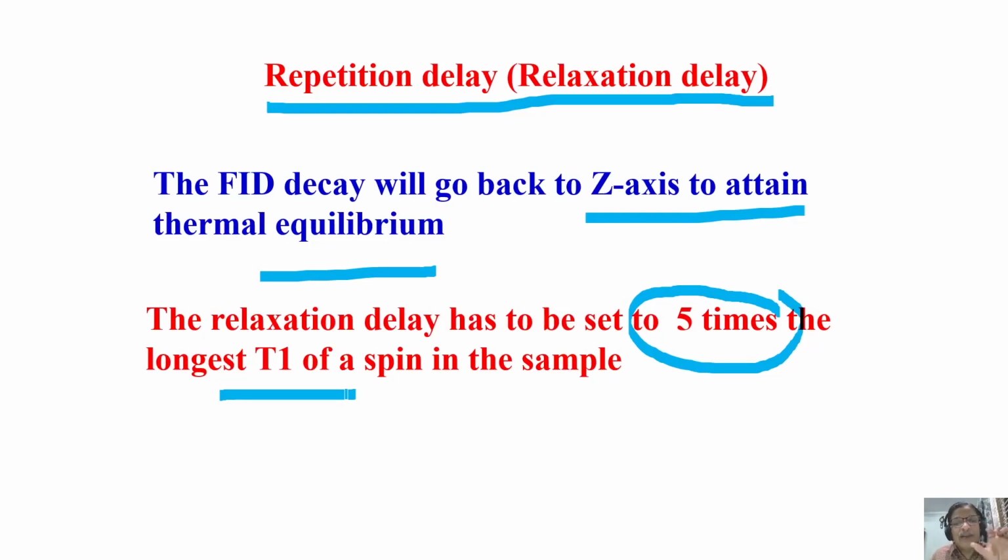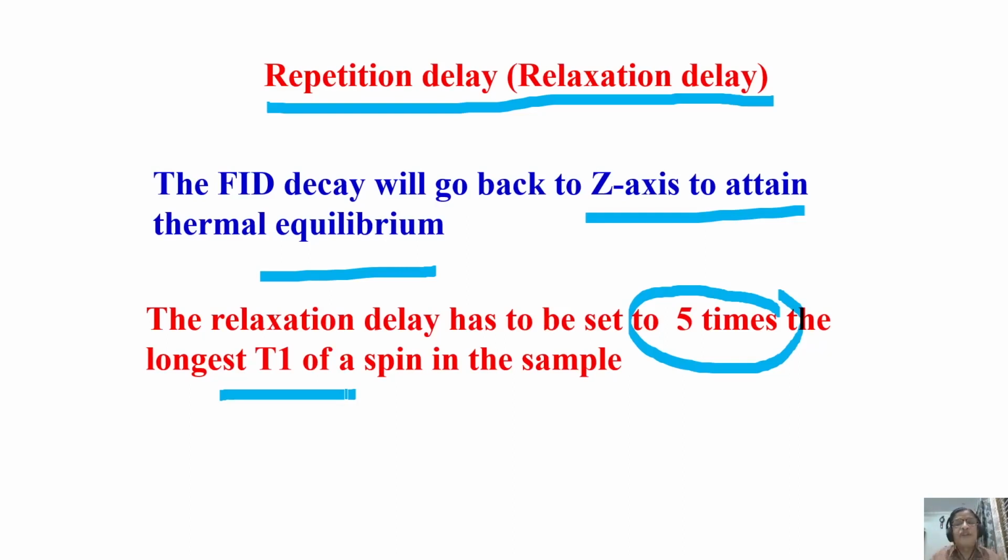When the time delay t is equal to 5 times T1, look at 1 minus e to the power of minus t by T1. If it has to get full 1, Mz should be equal to M0. That is the thermal equilibrium magnetization, right? If Mz has to become completely M0, which was there before application of the pulse, then t should be equal to 5 times T1.